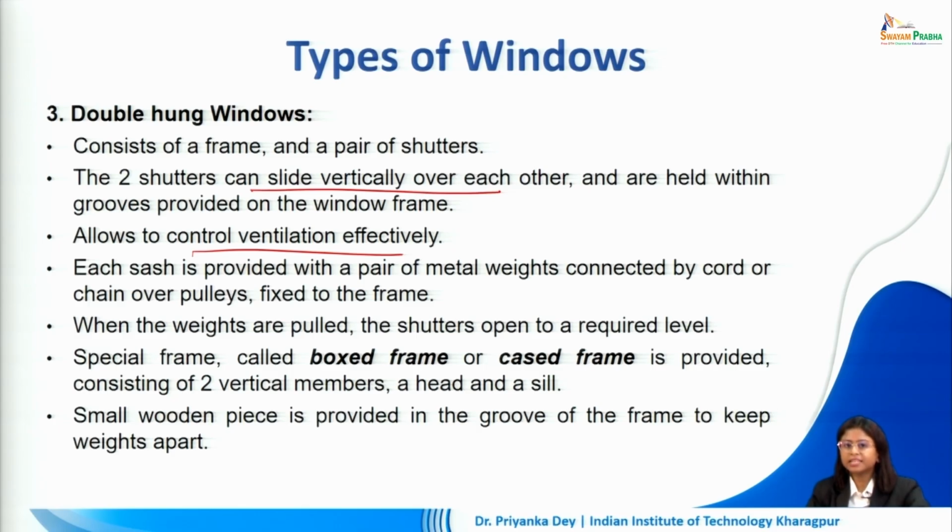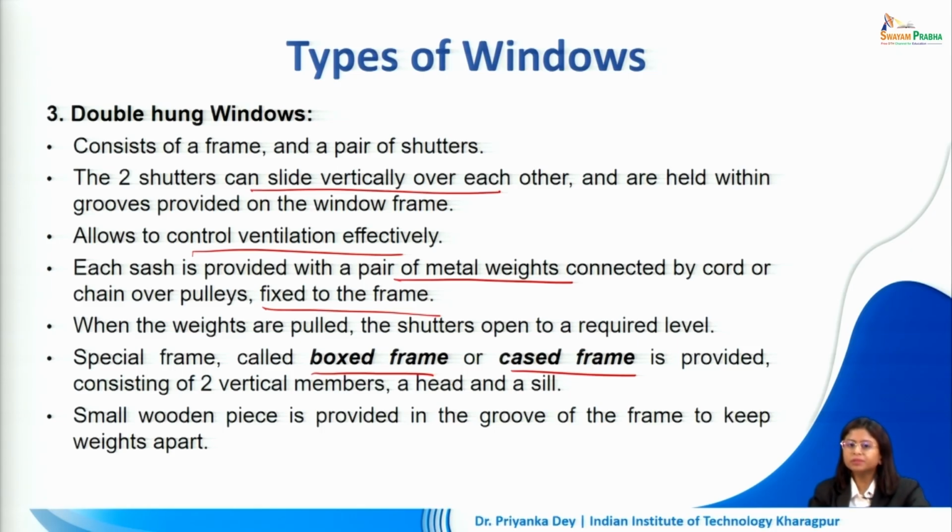Now each sash is provided with a pair of metal weights which are connected using a cord or chain over pulleys, and this is fixed to the frame. Now when the weights are pulled, the shutters can be opened to the required level. Now a special frame called a boxed frame or cased frame is provided in this case, and it consists of two vertical members, a head and a sill.